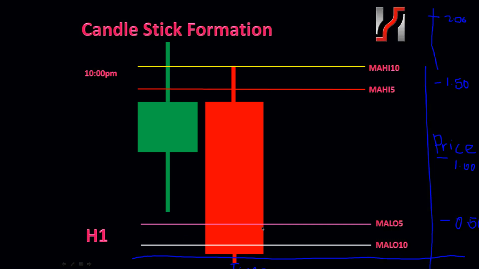So what it means here is that this candle has managed to break through MA low 5 and MA low 10. When a candle manages to break MA low 5 or MA low 10, but the most important one is MA low 5, it tells you that the price is going down, that the price has broken through the buy indicators and the sellers have won.